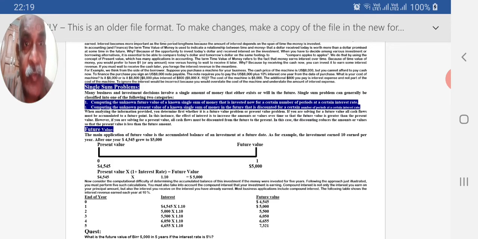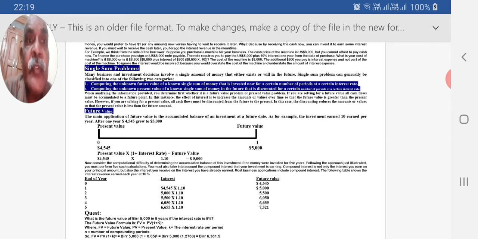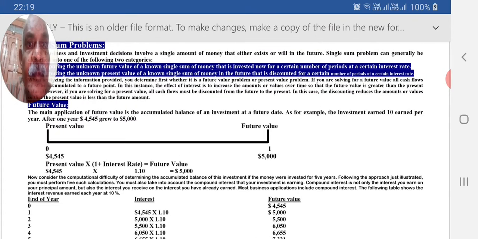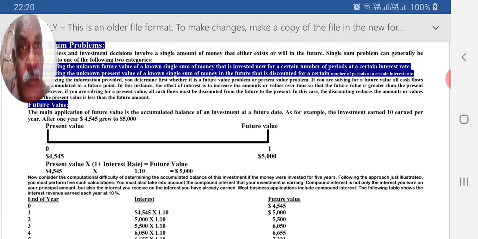Suppose you have invested 4,545 rupees today, a single sum, only one-time investment. The rate of interest is 10%, and you want to know how much amount you will get after 1 year from the bank or wherever you are investing.